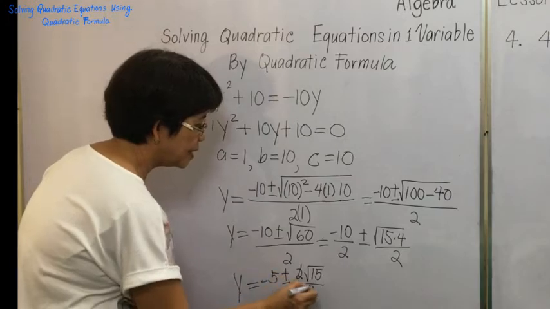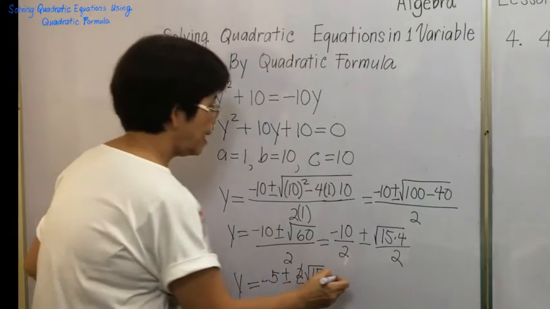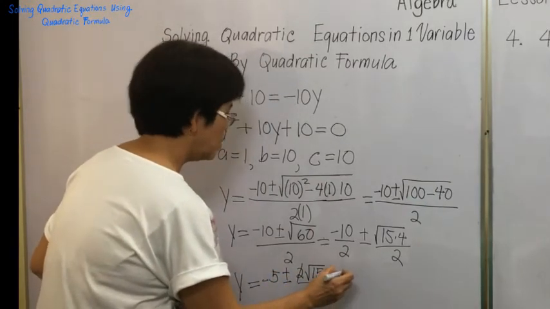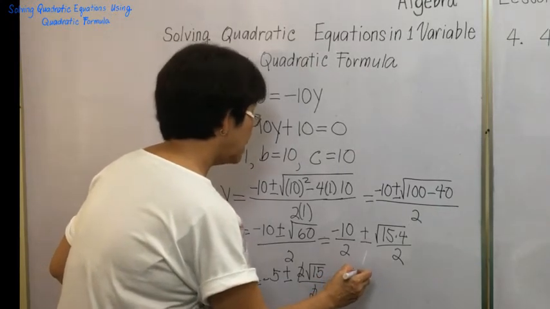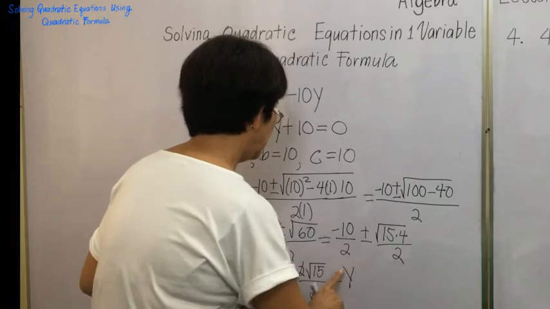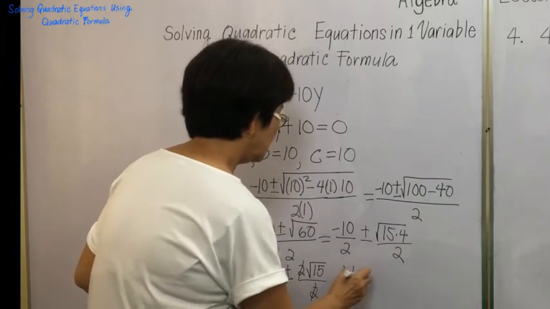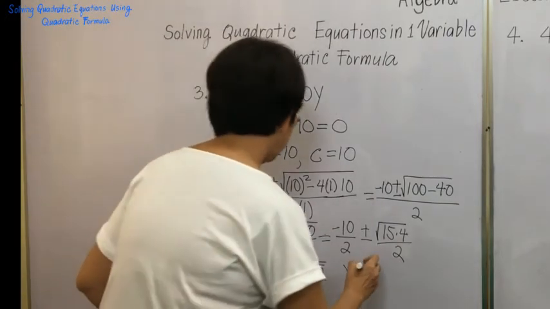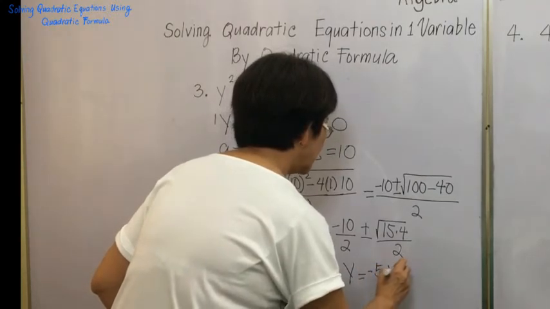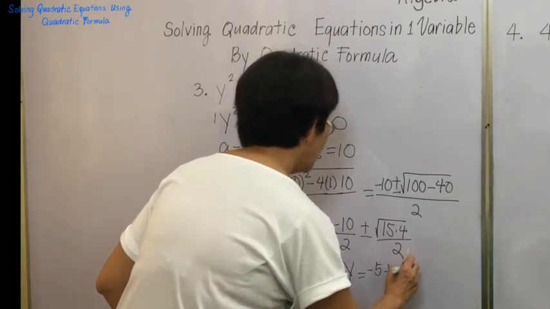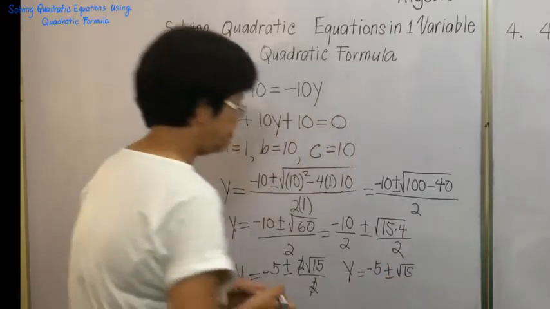We can cancel this. So the answer is y equals negative 5 plus or minus the square root of 15.